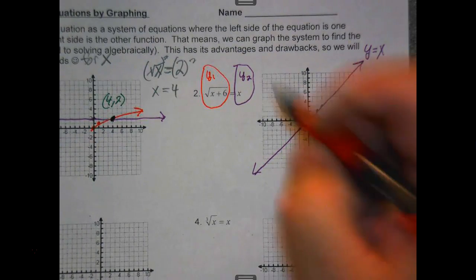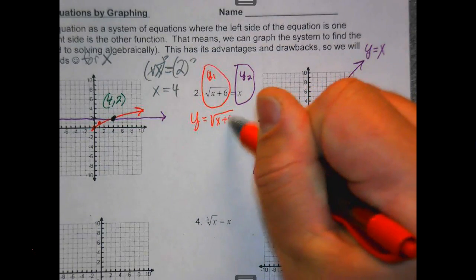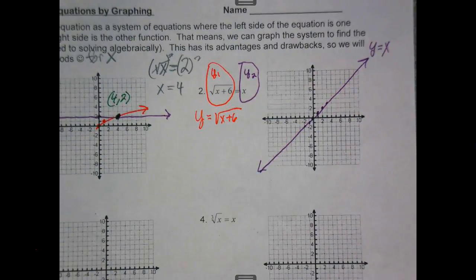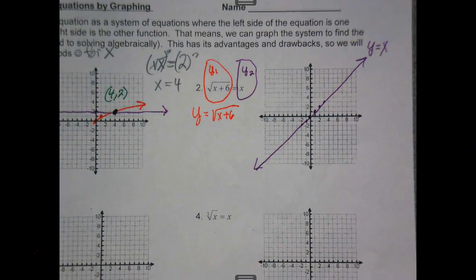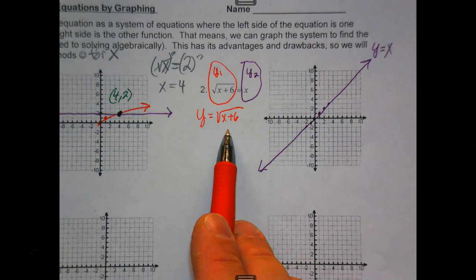And now we need to graph y equals the square root of x plus 6. Now, you could put this in a calculator and get your good points, or you could use the brain. Okay, now, which way is this thing going to shift? Left 6. This is an easy one you can do in your head.